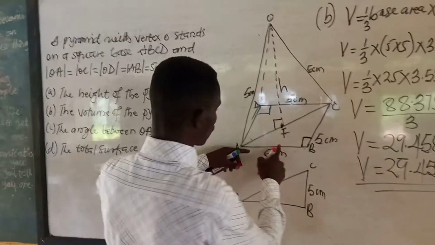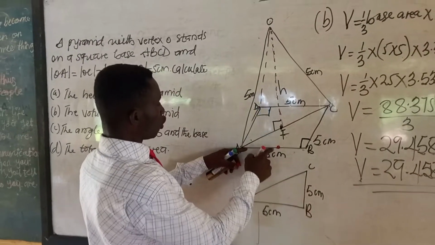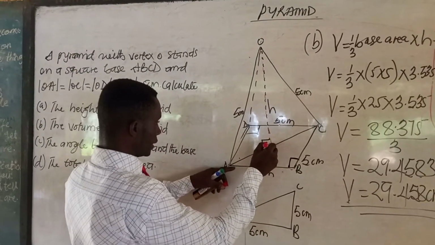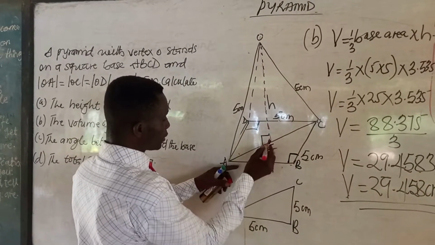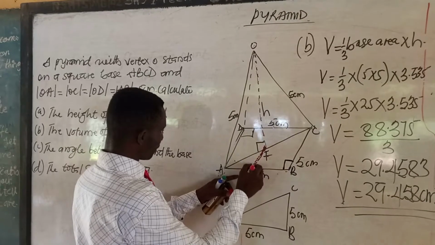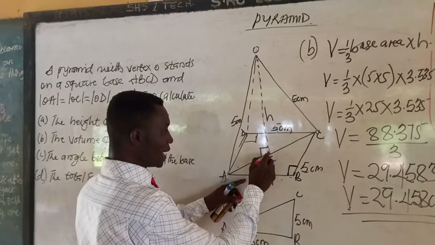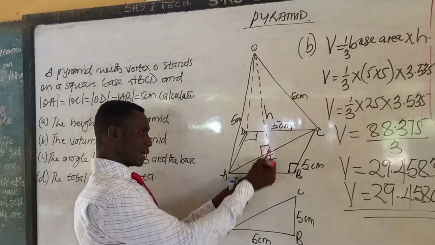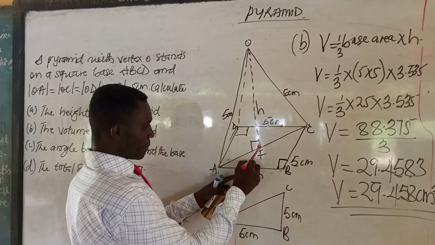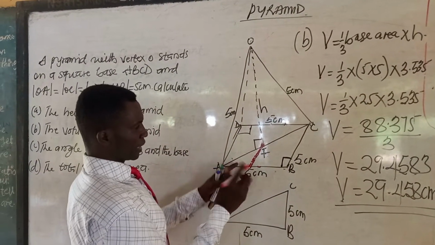Now, this is also the base. So what that means is that the angle will be in the middle. But when I draw this, you may think that this is more than 90 degrees. You think that because this is a three-dimensional object.